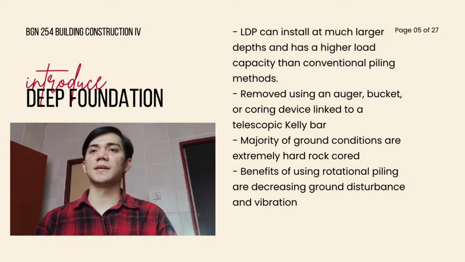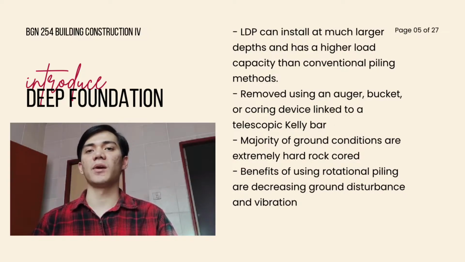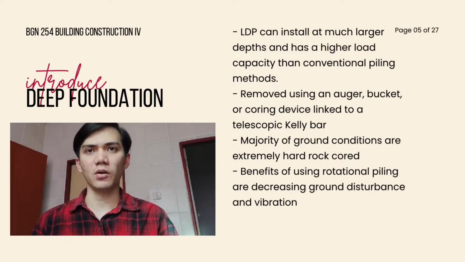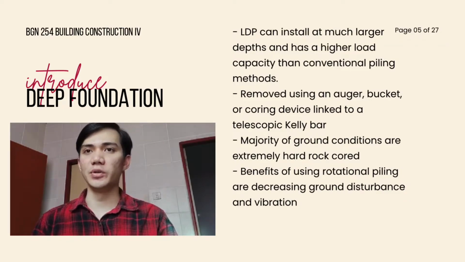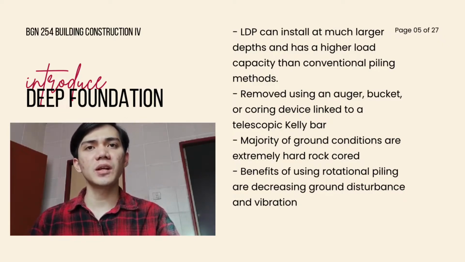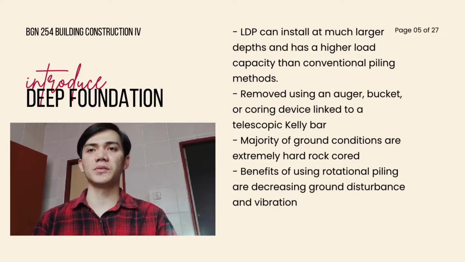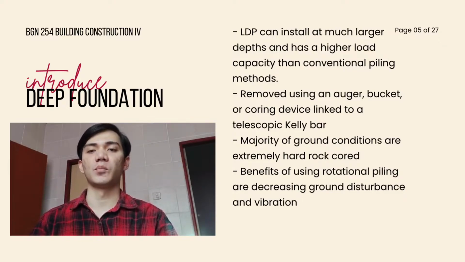As we can see, the majority of ground conditions, from soft ground supported by temporary casing to high-grade, extremely hard rock cored into the open hole, will call for the use of rotary piling. Benefits of rotary piling include decreasing ground disturbance and vibrations, which lowers the risk to nearby structures and property.